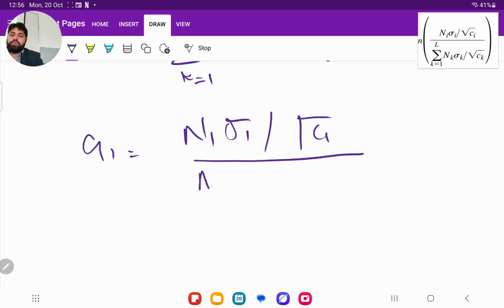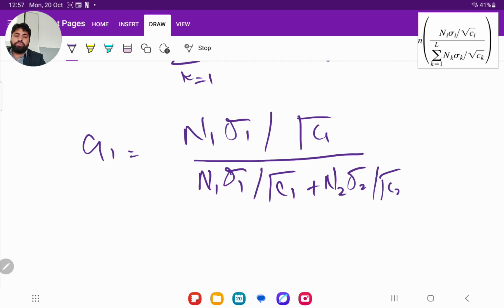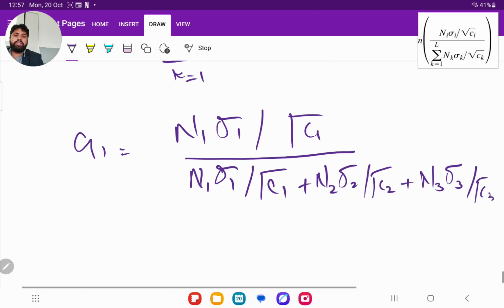Okay, so N1 sigma 1 divided by square root C1 plus, because it is a summation, N2 sigma 2 divided by square root of C2 plus N3 sigma 3 divided by square root of C3.